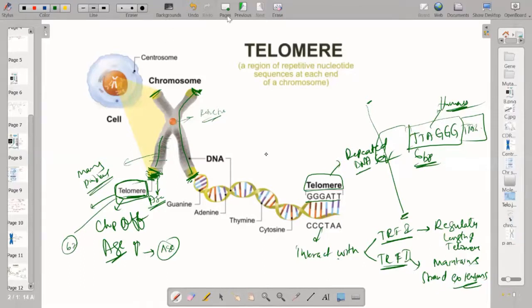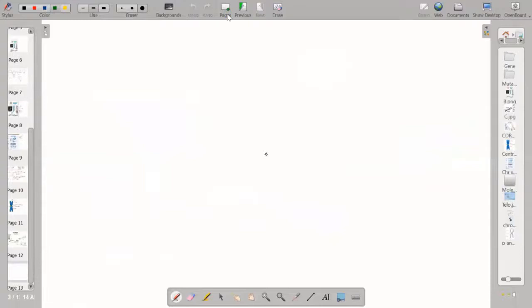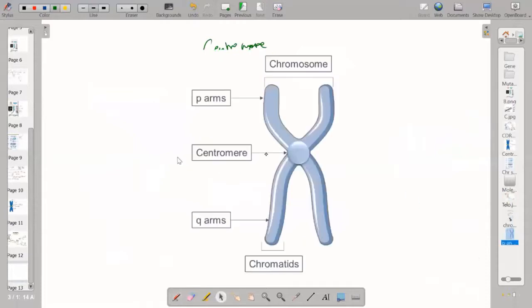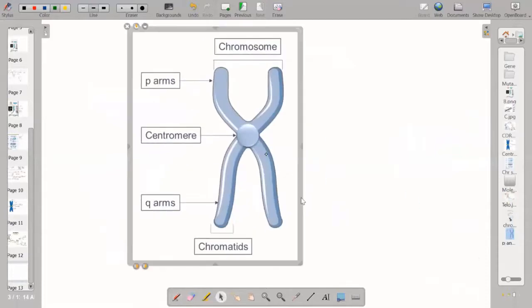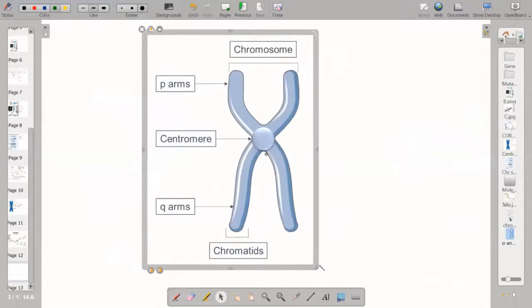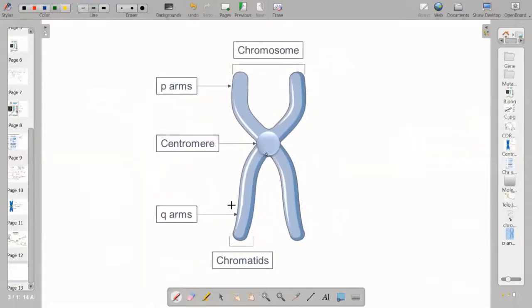Now, depending on the location of the centromere, the chromatids can have long and short arms.